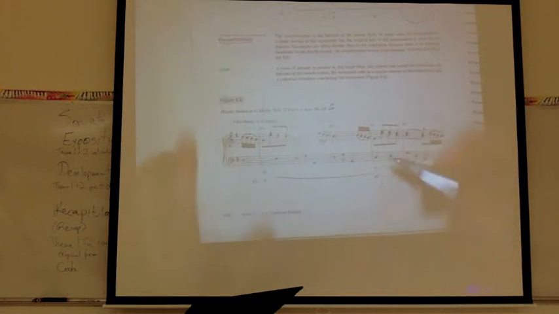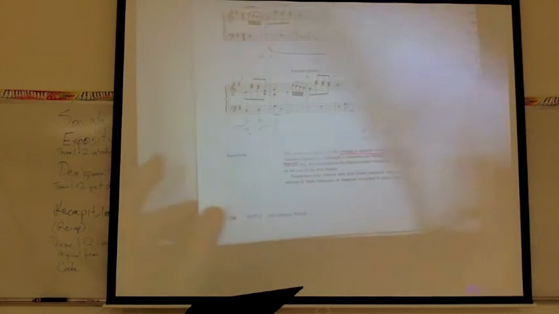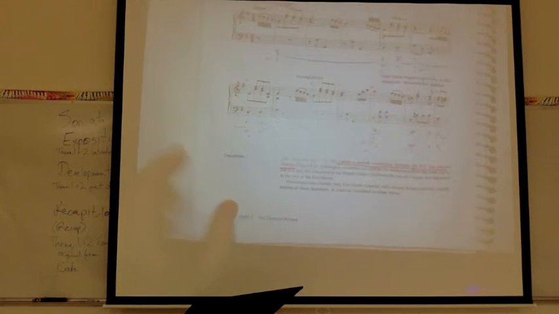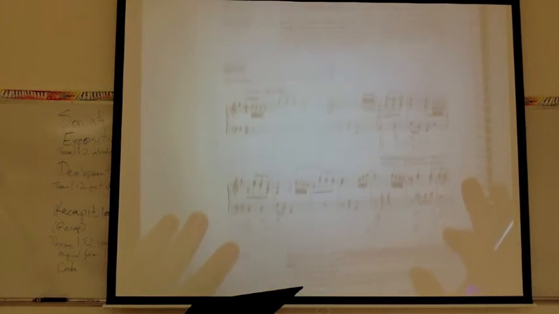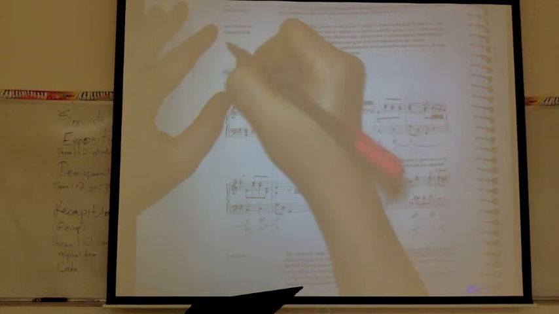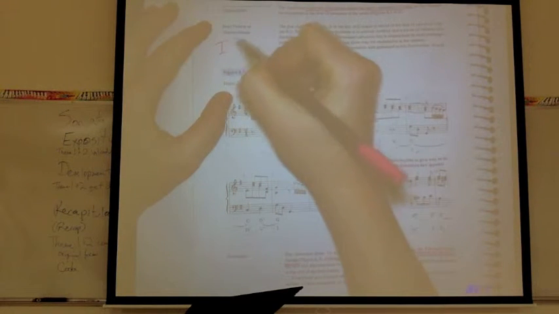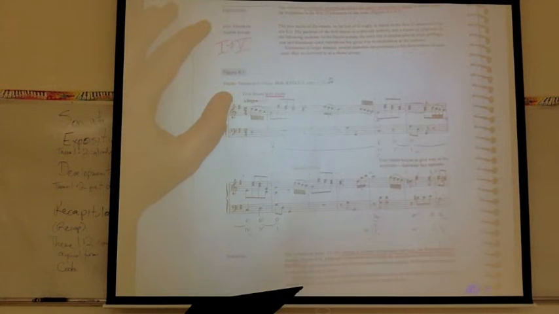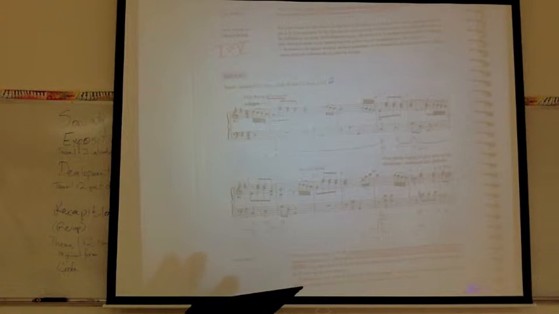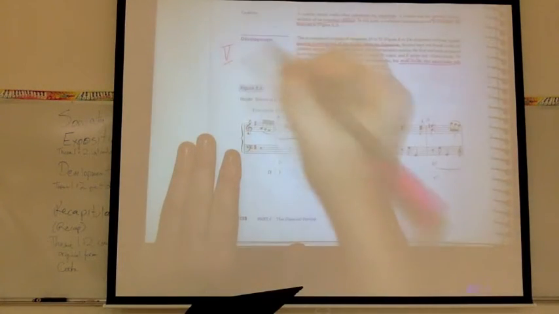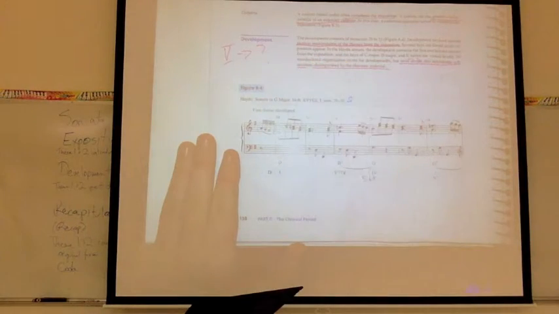So the exposition, if we go back a little bit, the general form is that the first theme is going to be in the tonic, and the second theme is going to move to the dominant, all right? Then the development usually starts in the dominant, and then it goes wherever it wants.